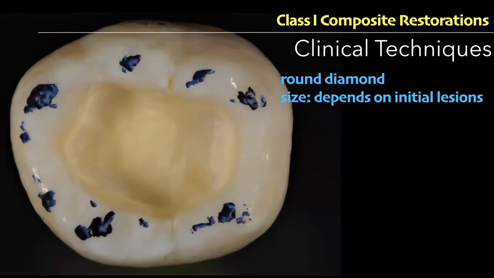Then the next thing is to prepare a cavity, and in that case I used a round diamond and a small burr with air and water spray. And why air and water spray? So that we don't need to dry the dentine, as dentine has a lot of water and collagen, and a lot of dentinal tubules as well.